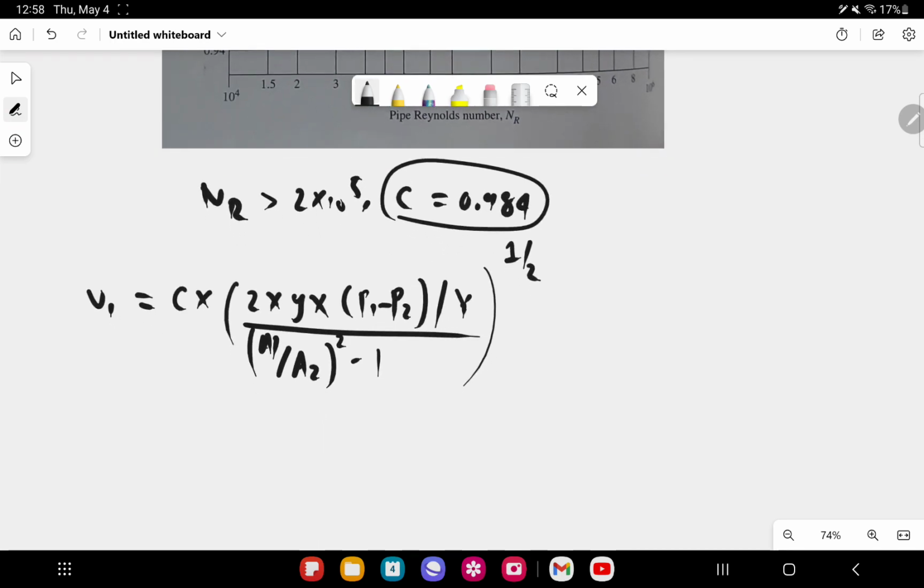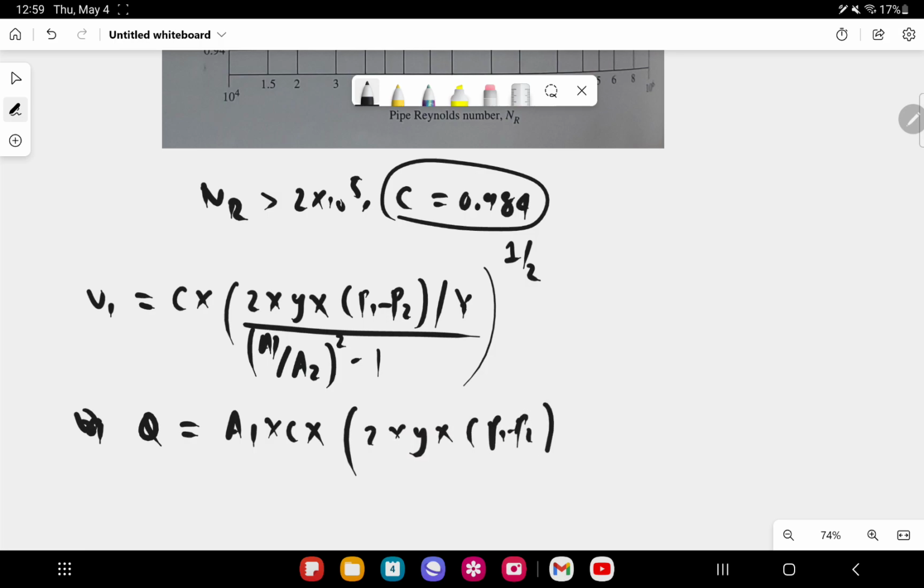Now, if we want to compute the volumetric flow rate, then we need to multiply this equation by the cross-section area. The cross-section area at section 1 is A1, therefore Q is equal to A1 times C times [2 times g times (P1 minus P2) over gamma, over (A1 over A2) squared minus 1] to the power of 1/2.